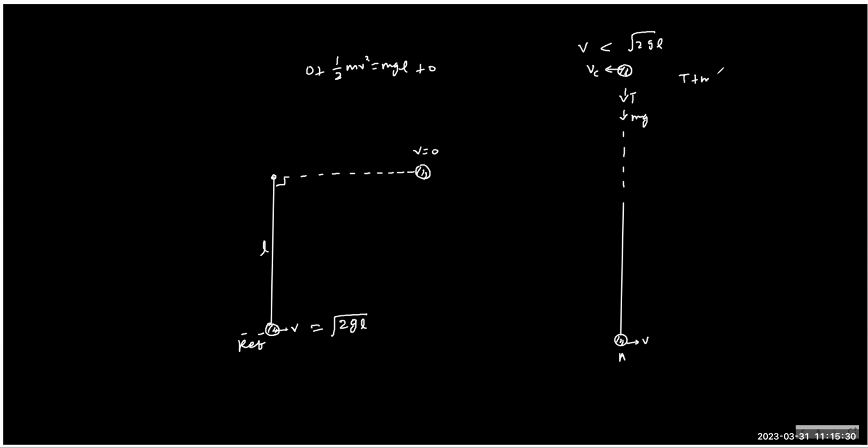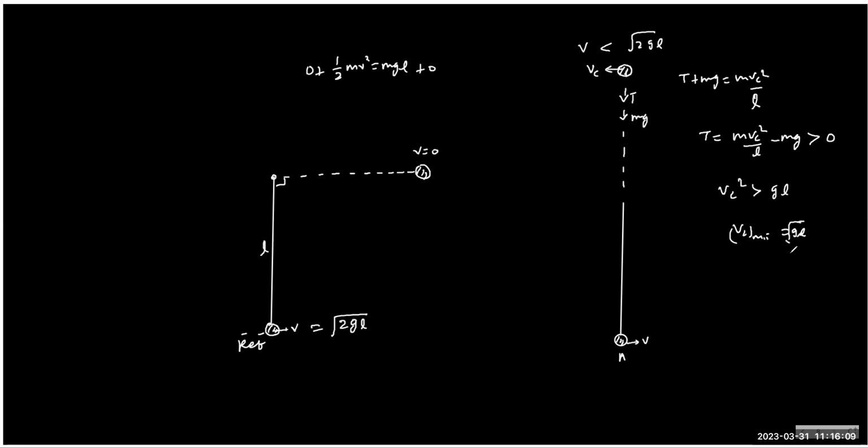So T plus mg will provide the centripetal force, equal to mvc square by r. So T is mvc square by r minus mg, and this must be more than or equal to 0, I mean more than and close to 0 for the minimum condition. In general, it is more than 0. So Vc must be root GL. We take Vc minimum as root GL, though it is slightly more than that.